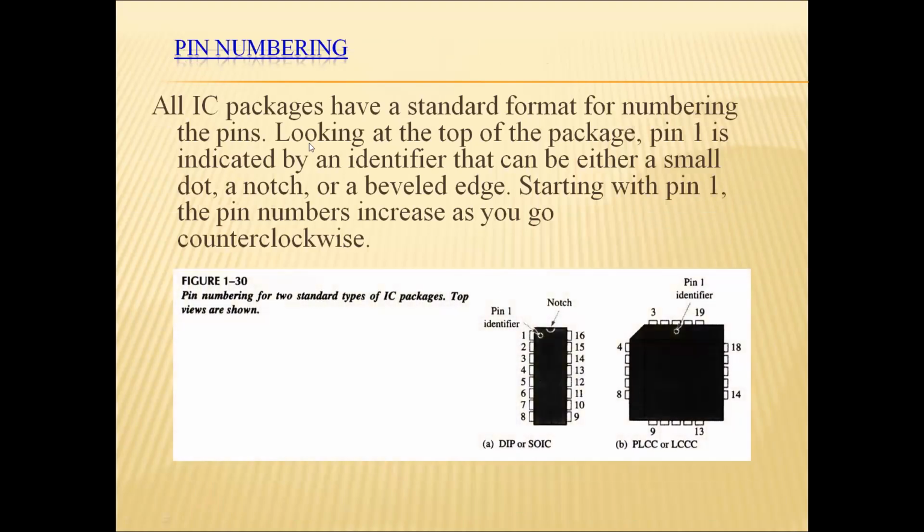Now this is important: pin numbering while doing the lab. When you see a DIP IC, of any series, suppose the 74LS series, there will be a notch here. Just remember this notch. And there will be one small circle, that is a pin identifier.